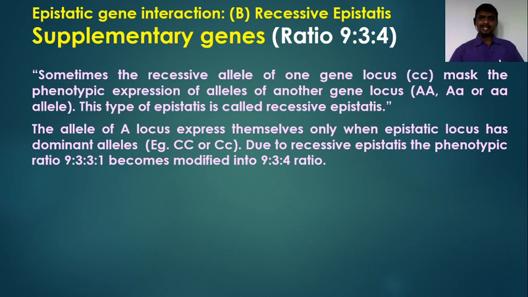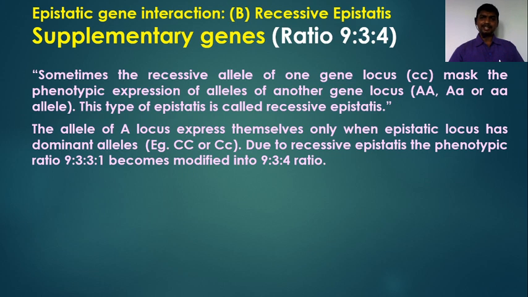Here the condition is that the gene C should be recessive. If it is recessive, it masks the phenotypic expression of another gene. Whether this other gene is dominant or recessive, it masks its phenotypic expression. So here there are two genes C and A.